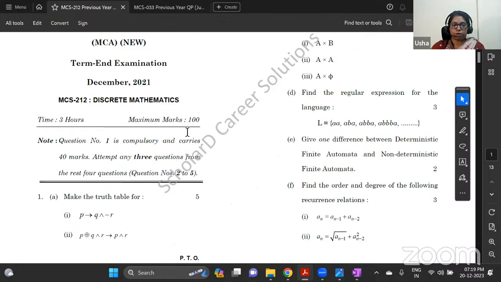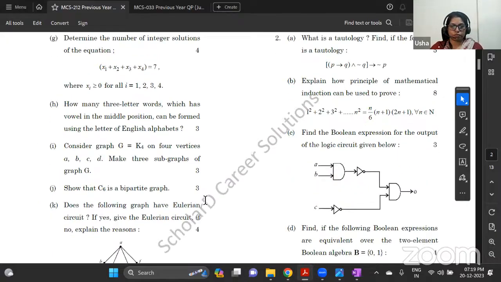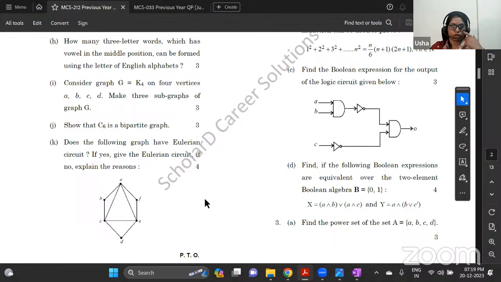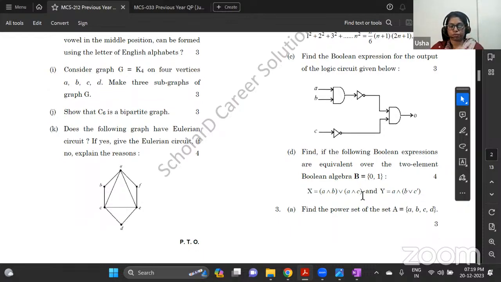Truth table. Does everybody know how to write a truth table for 5 marks? It will be given. It's very simple. Yes or no?